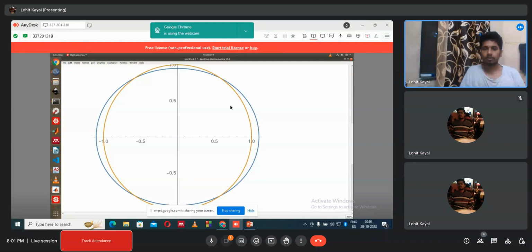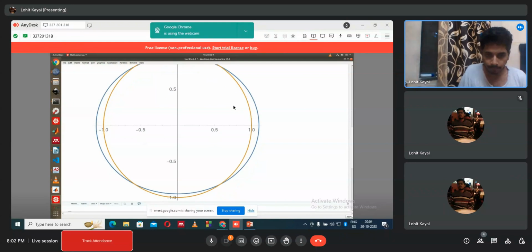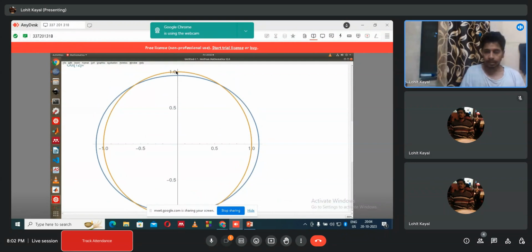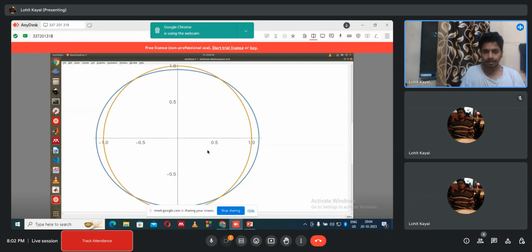This is Legendre P2. I am plotting it in Mathematica. So I will show you some perturbation on it. Here it is a little bit, so you can see that this is almost symmetric.